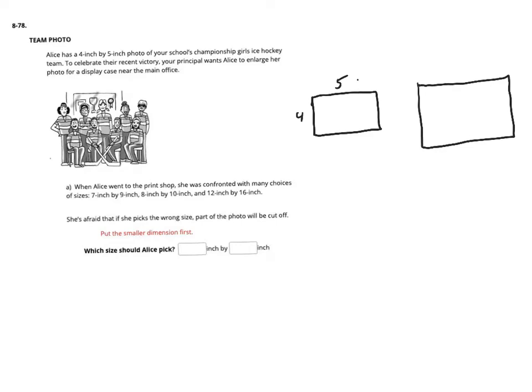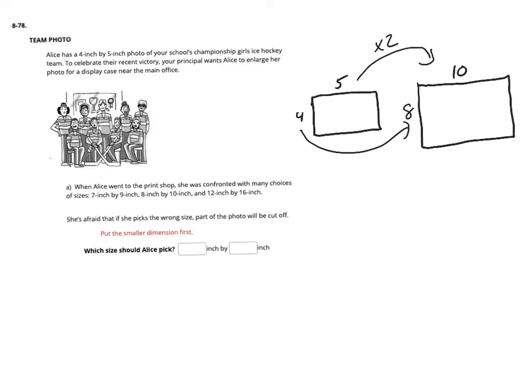Well, if we have a rectangular picture, and the first one is 4 by 5, and I need an enlargement, in order to keep them similar, the ratios of the corresponding sides must be the same. So, let's say that I'm going to multiply this side by 2, that will give me 10. If I multiply this side by 2, that will give me 8.